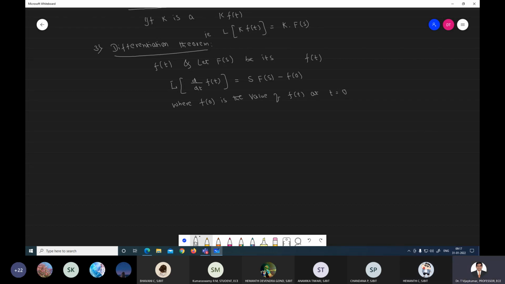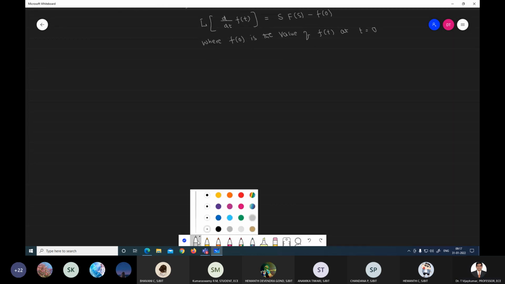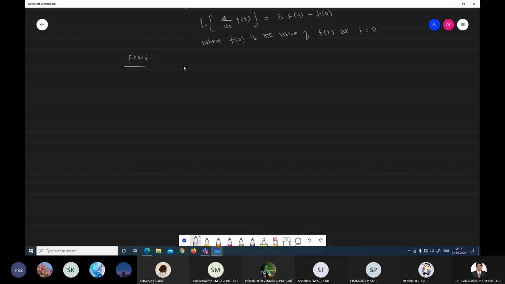Okay, next you have to write the proof. Proof. Laplace of differentiation of f(t) is equal to, what is the formula?